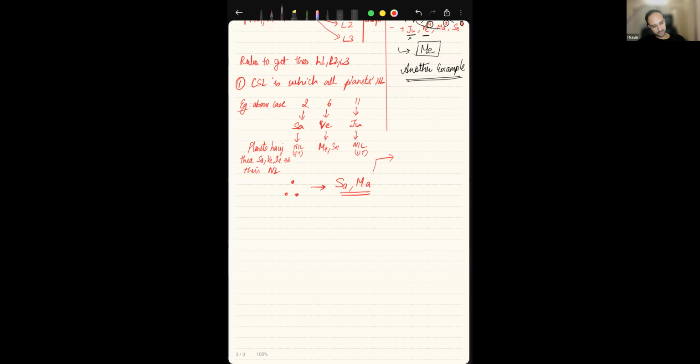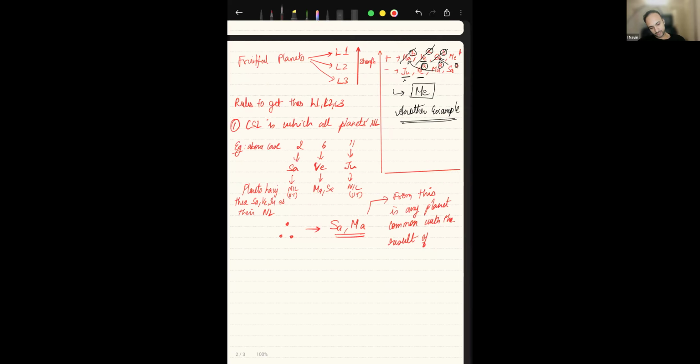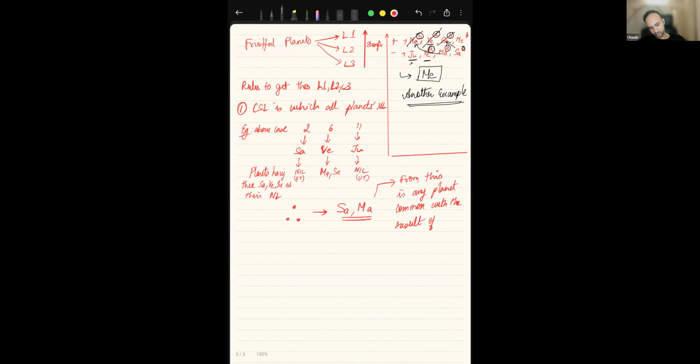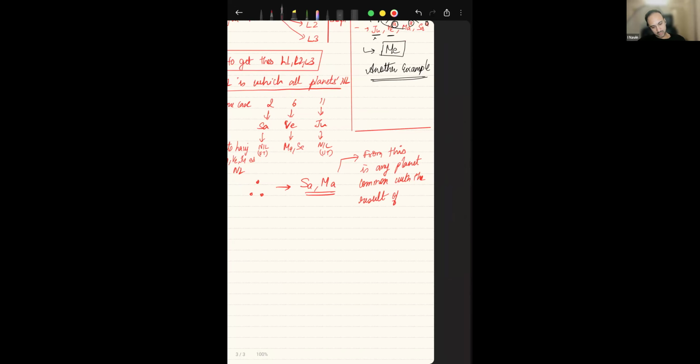Now from this, is any planet common with the result of, let's say, I cannot call it step 1.